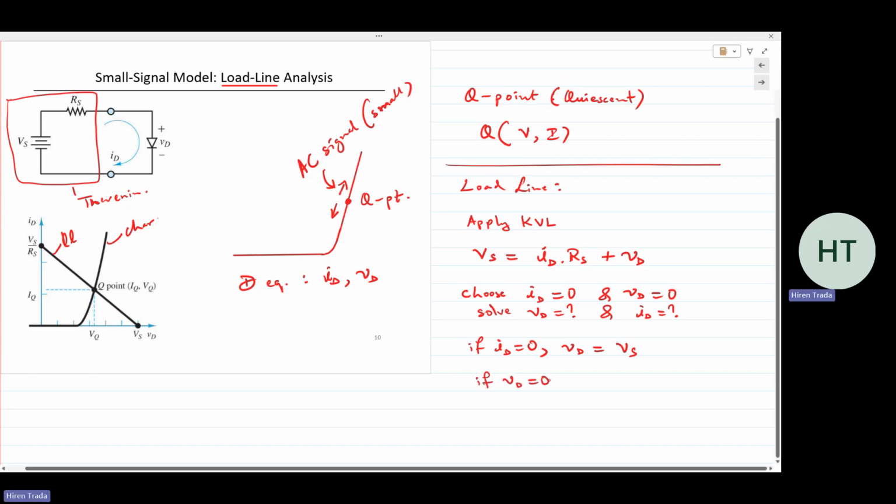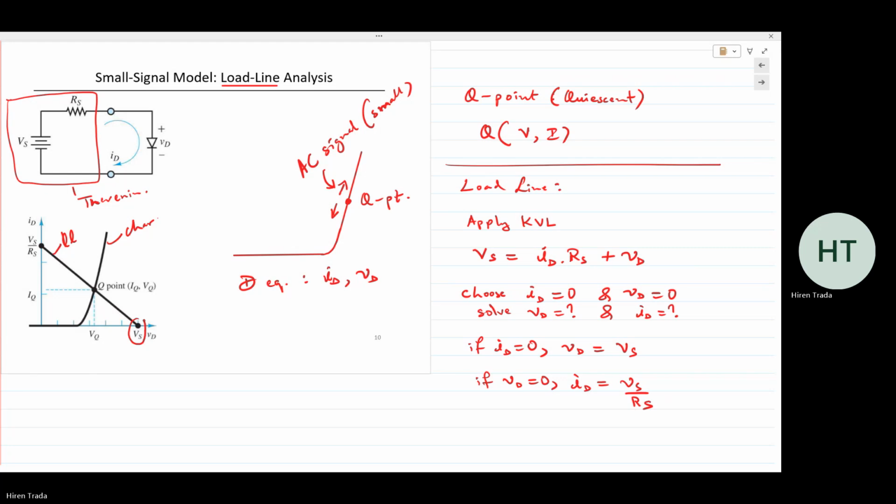And if VD is equal to 0, then ID has a value of Vs over Rs. These two endpoints give us the load line for this circuit. When ID is 0, diode voltage is Vs, and when diode voltage is 0, the current is Vs over Rs. Once you have those two points, we can join them to get our load line.